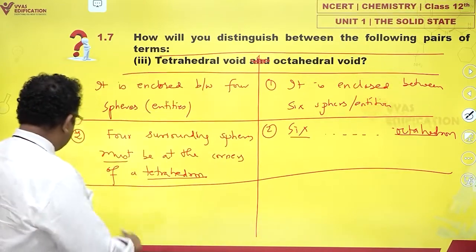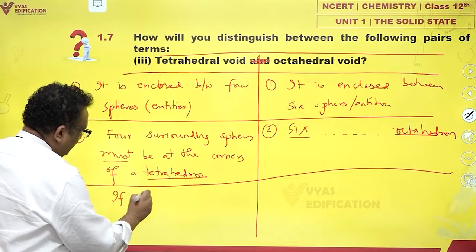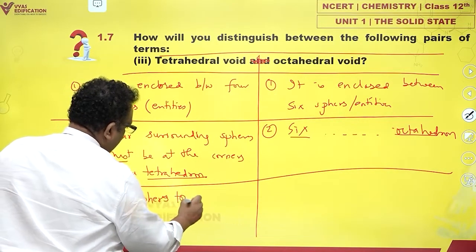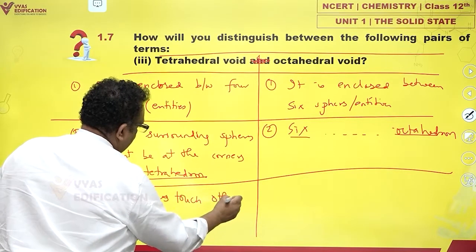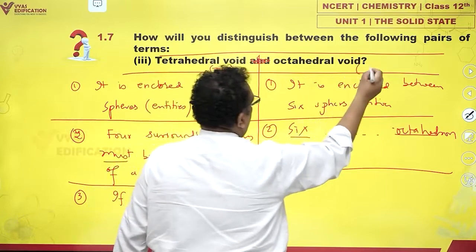Okay, anything else? Well, if spheres touch each other, the tetrahedral void shortcut is TV and the octahedral void shortcut is OV.